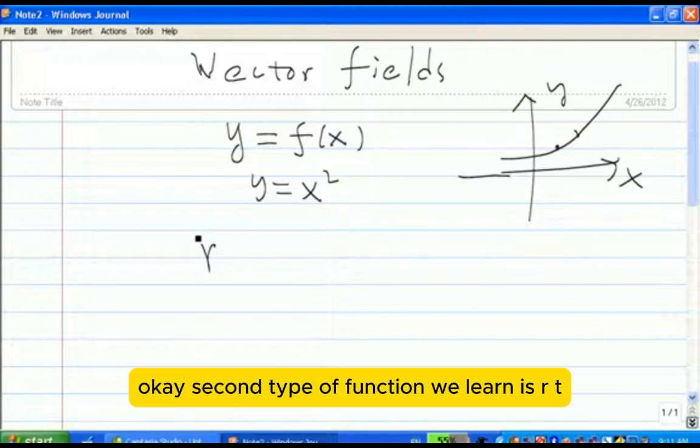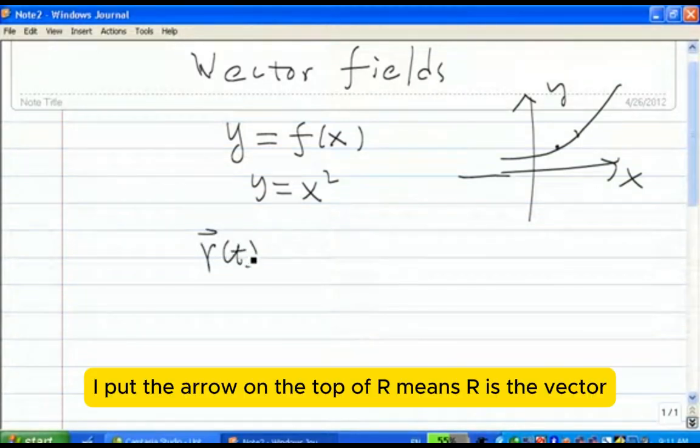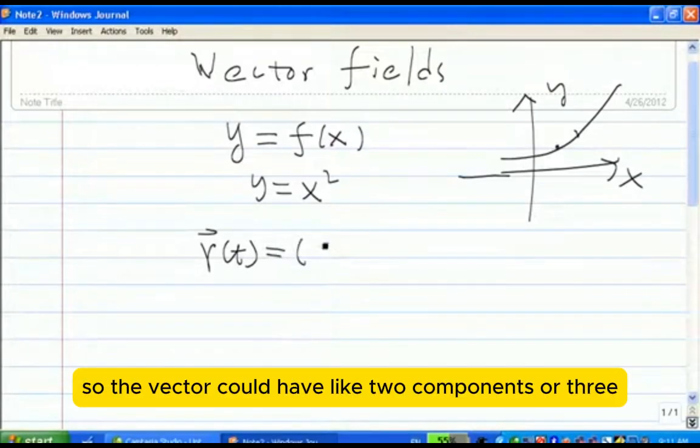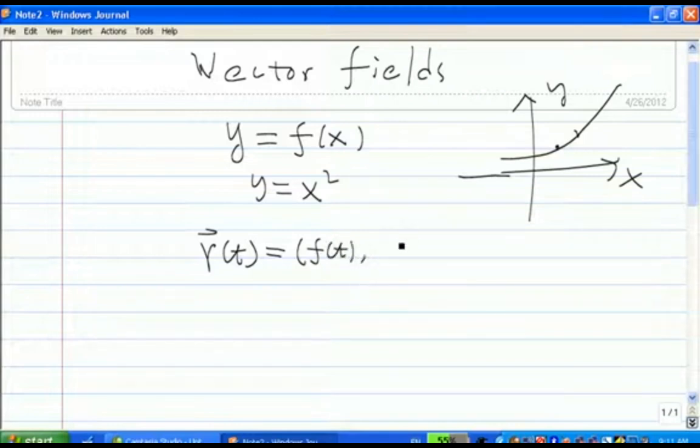The second type of function we learn is r(t). I put the arrow on the top of r, which means r is a vector. So it's a vector that could have 2 components or 3. Let's say 3.